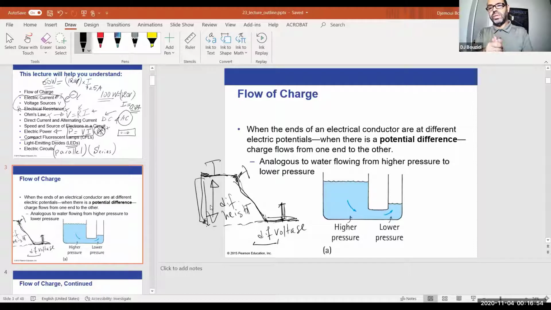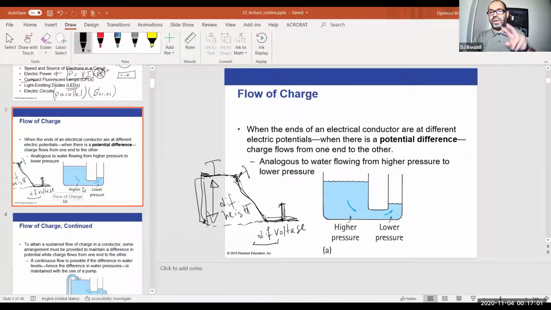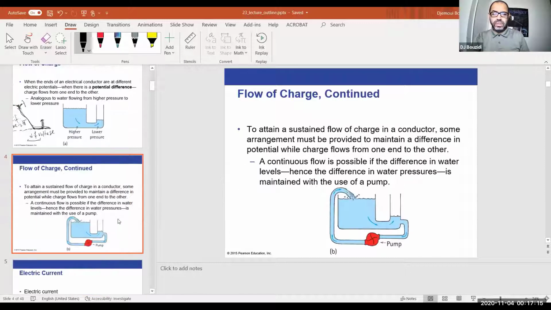So when they tell you it's 120, what they mean is actually the average value, because it flips back and forth, back and forth. It flips between 170 and negative 170, and there is a mathematical formula where that averages to exactly 120 volts, okay?